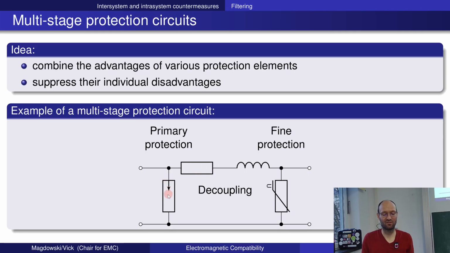At some certain time, this will get active, and this will get rid of the disturbance, and the portion that went through, this will then go into the fine protection. And before the fine protection gets destroyed with too much current and too much energy, this will have become active and will then dissipate the remaining part of the energy.